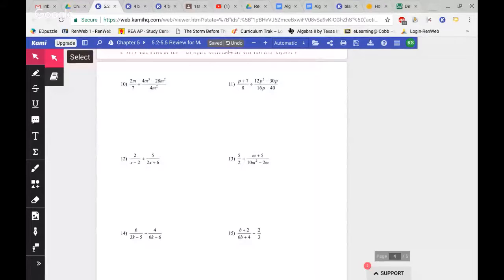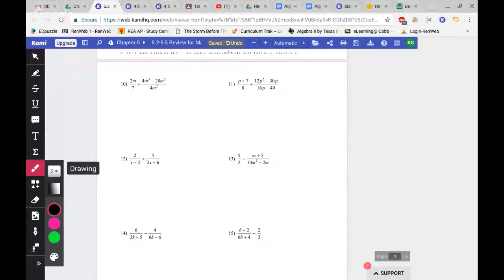Okay. On this one, we've got 2m over 7 times 4m squared over, because I want to keep flip change, 4m cubed minus 28m squared. All right.